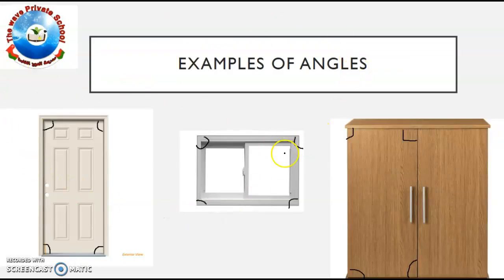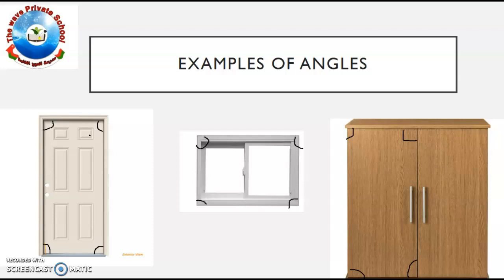Here are some examples that are already done for you. As you can see, a door. Look at the door in your room. See it carefully. Observe it for 10 seconds. Is there any angle, any two line end points that are meeting each other?